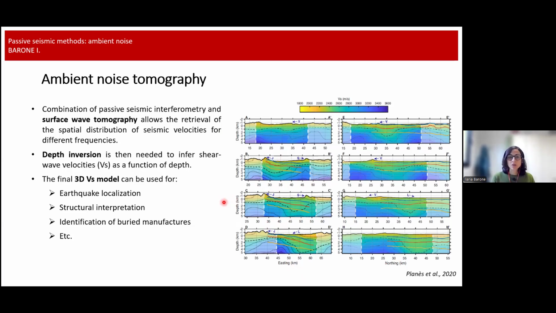In other applications, we could use these models to locate earthquakes, because to locate an earthquake, we need a velocity model. And then, at much smaller scales, we could identify buried manufactures such as archaeological structures, and we'll see a case study in the second part of this presentation.